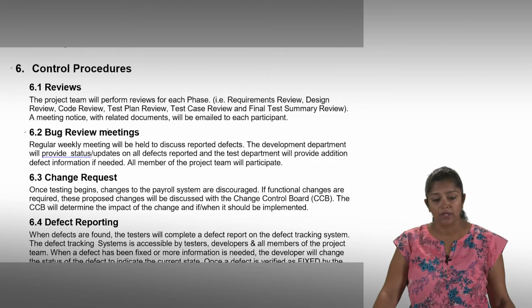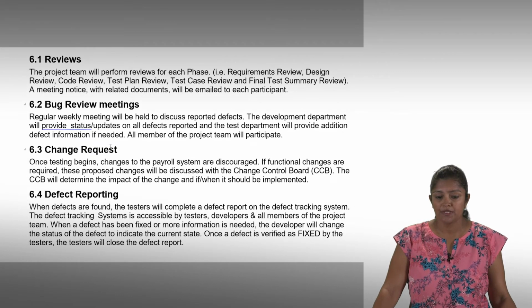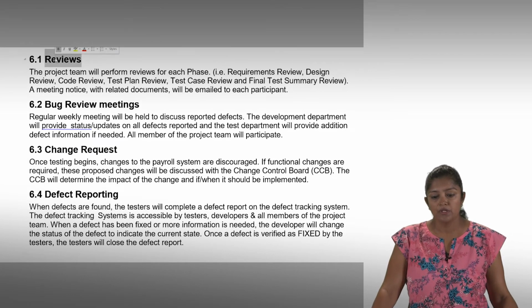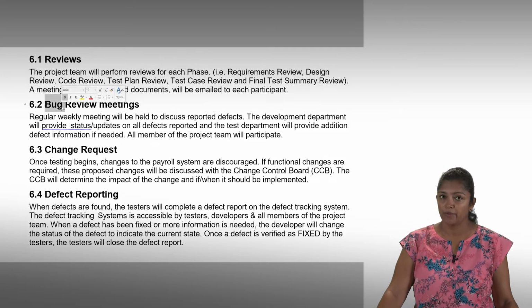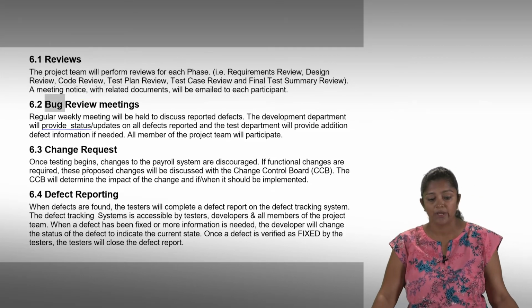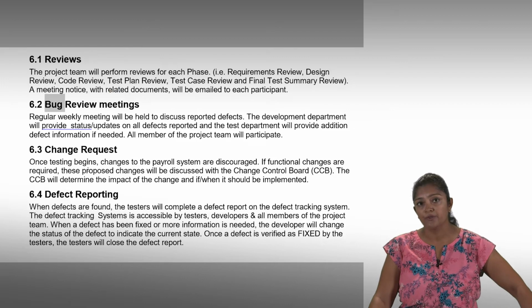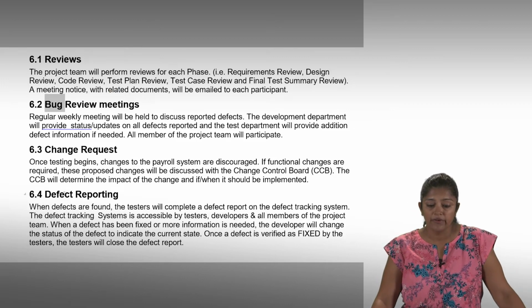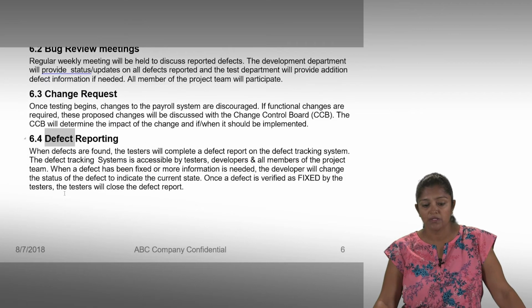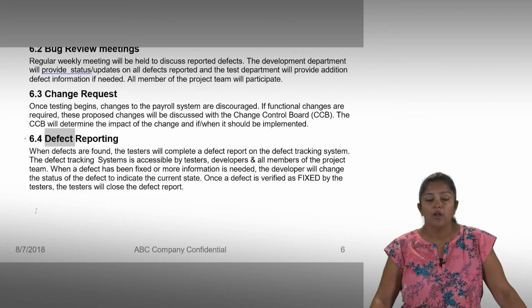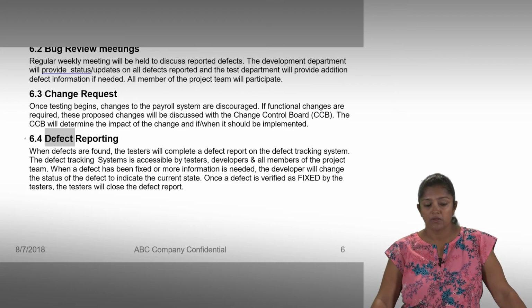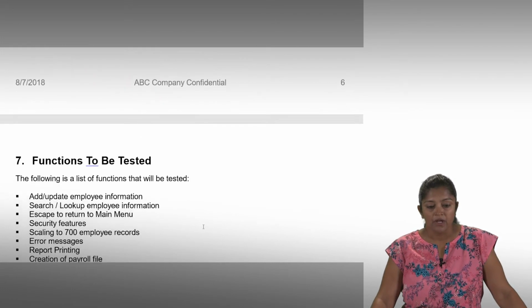It's a usual scheduling. All of the control procedures are listed as to how reviews are done and documented, how bug review meetings are handled, how are change requests done, or what kind of tools are going to be used for each of these. Defect reporting, are there some specific tools that will be used for defect reporting? Then those can be listed in here.